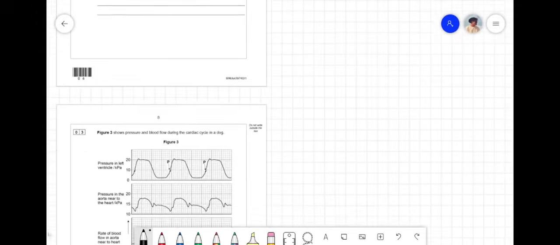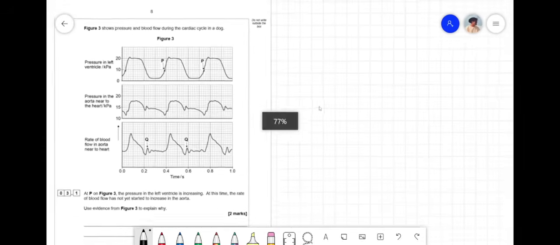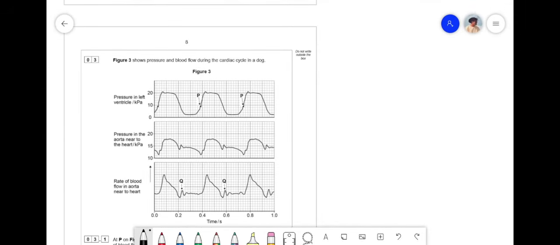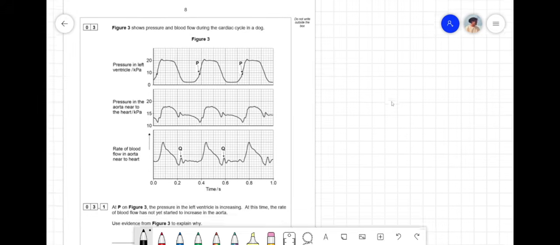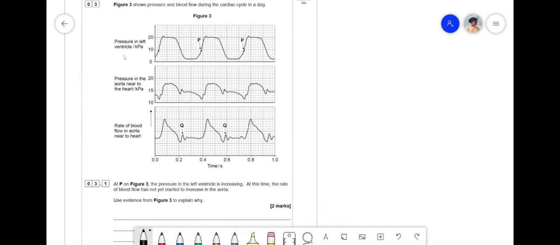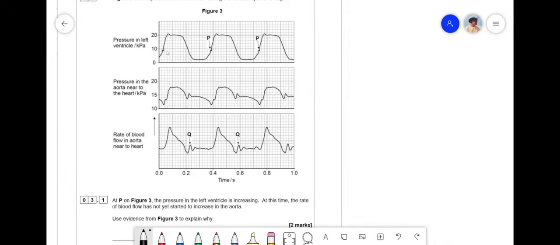Right. So now, this question, I love this one because everyone struggles on this one too. So it says figure 3 shows the pressure and blood flow during the cardiac cycle in a dog. So you've got the pressure in the left ventricle, the pressure in the aorta near the heart, and then the rate of blood flow in the heart. Now, one thing to appreciate here is that pressure and volume are inversely proportional.